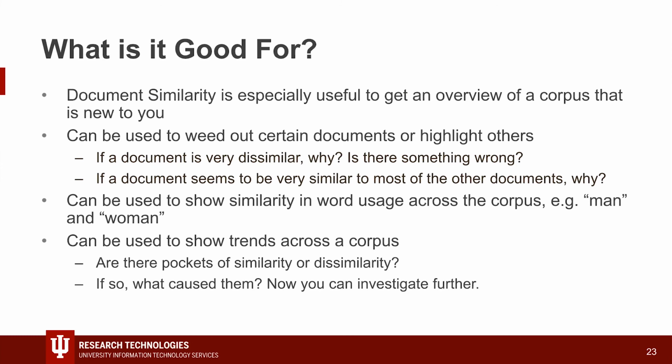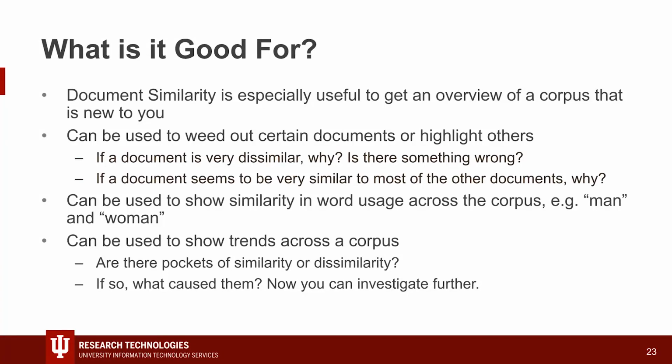Document similarity is especially useful to get an overview of a corpus that is new to you. Part of this is because it can read through it a lot faster and give you some sense of what you actually have in the corpus. It weeds out certain documents or highlights others.